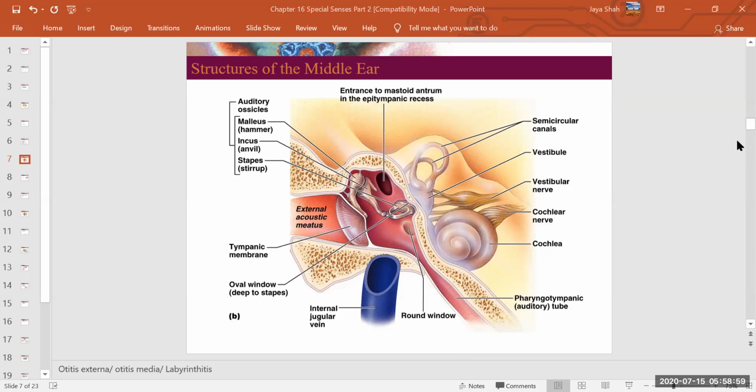Okay. So our patient was suffering from otitis externa, and particularly it was from a community pool. In a community pool, there is a kind of bacteria called Pseudomonas aeruginosa, and Pseudomonas aeruginosa can survive even in bleach.